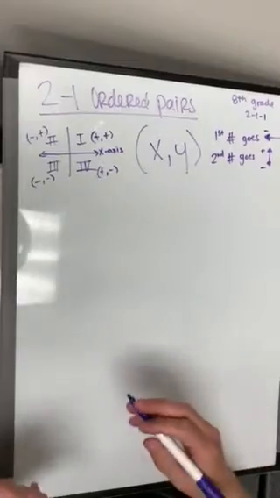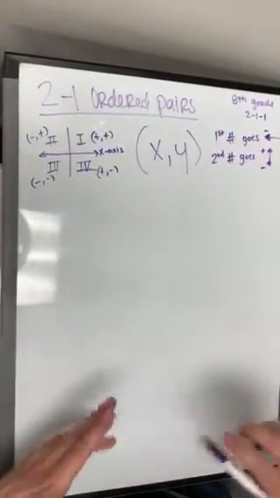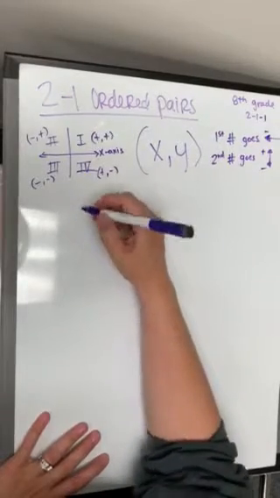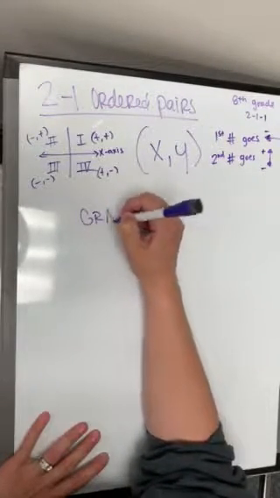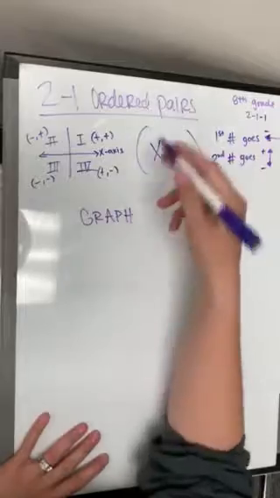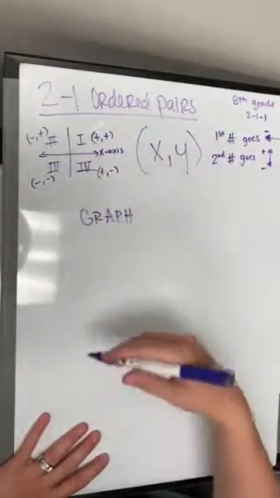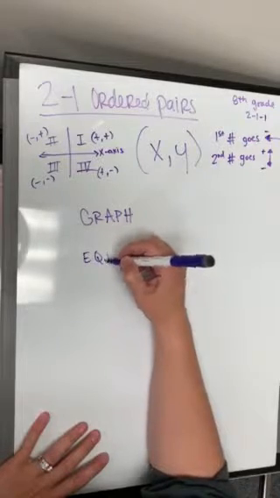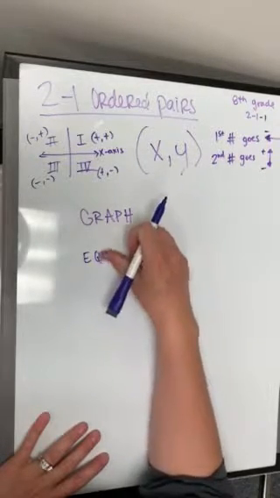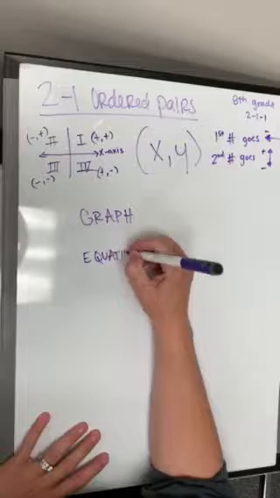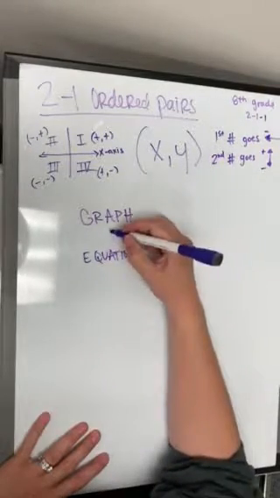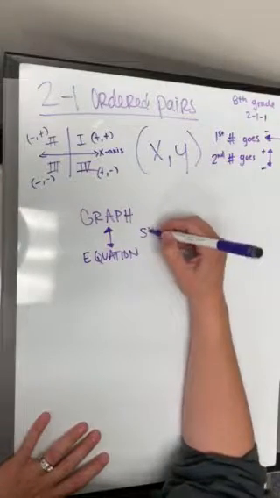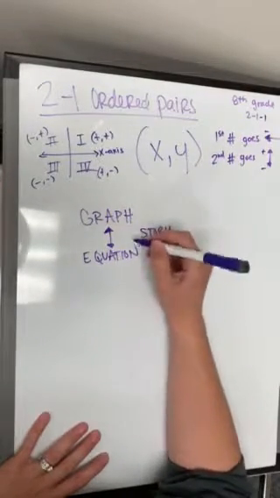But really, this is more talking about how a graph, which is something we would use with our ordered pairs, is connected to an equation, and those two are connected, and each of them can be connected with a story.